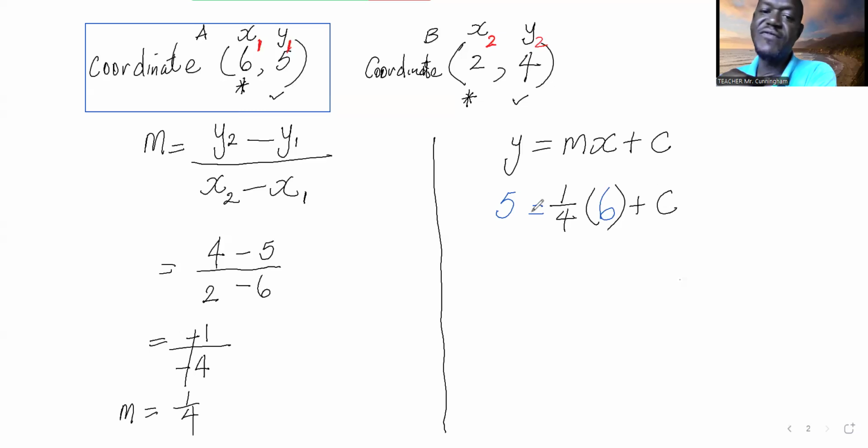Now we can find C. It's 1/4 times 6. Let's do this in our working column. 1/4 times 6, 2 into 4, 2 into 6. So 5 is equal to 3/2 plus C.